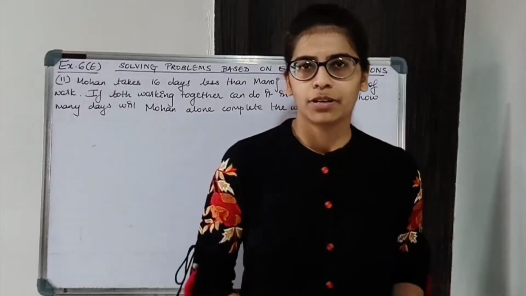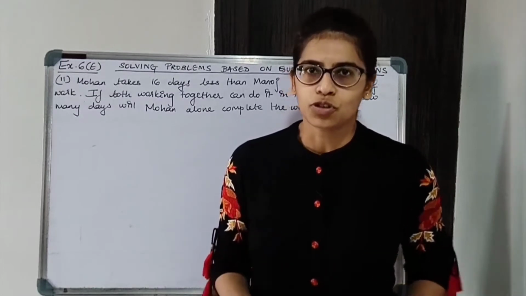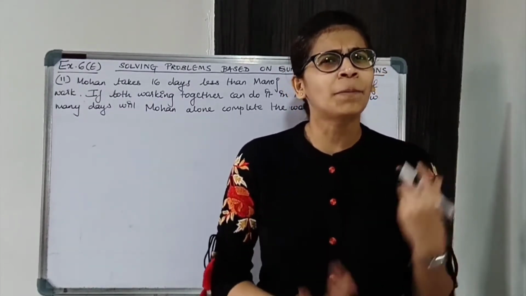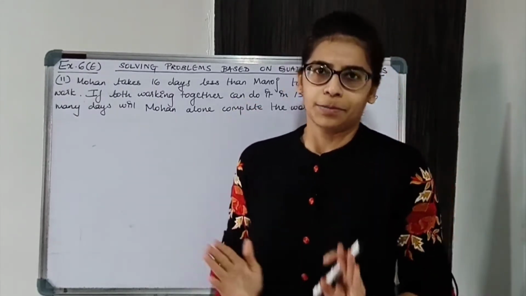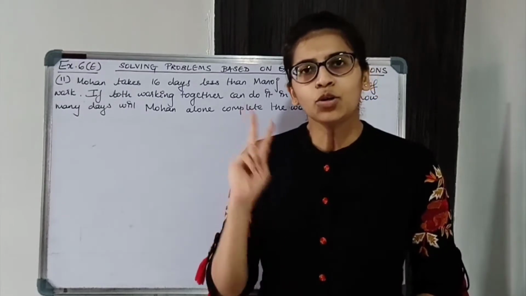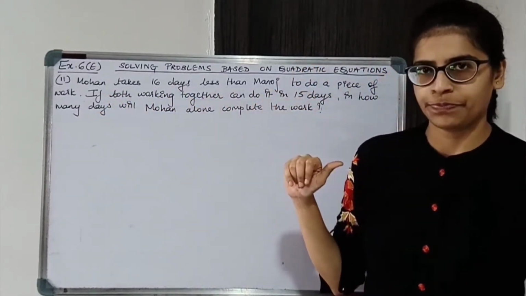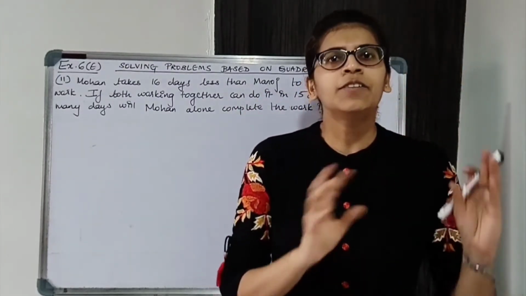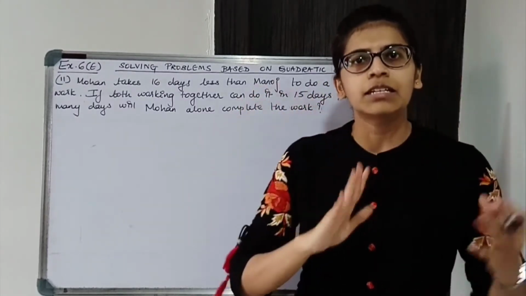Now there is a certain piece of work which has to be finished. Let's say it is a furniture to be built or a painting or anything. That piece of work has to be done. Now there are two people, one is Mohan, other is Manoj. If Mohan does the work alone, he will take certain days. If Manoj does it alone, he will take certain days.